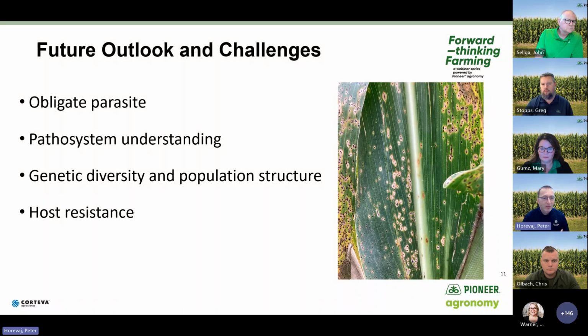We are still trying to understand better the pathosystem, like I have in this picture, about why we are seeing in some cases these fisheye lesions, but we don't see other pathogens there. There is still work to be done in terms of understanding the genetics, the population. Does it have another host that we don't know about, or is it just really corn, or how come it spreads like here to the US?